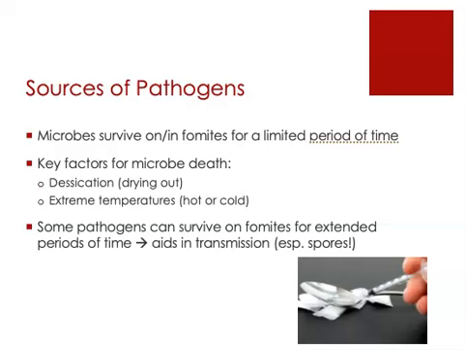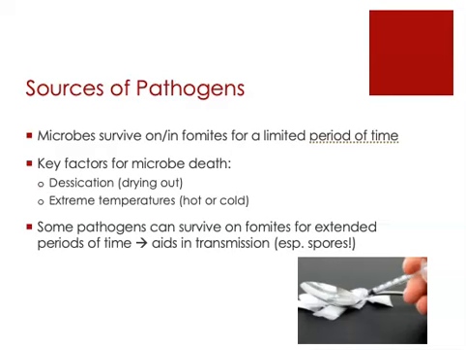The most common structure that can survive for the longest period of time on fomites are endospores. Remember, there are two genera of pathogenic bacteria that can sporulate: Bacillus and Clostridium.